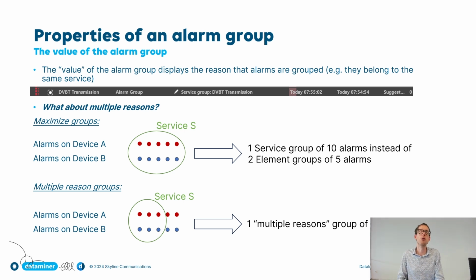Let's discuss a few cases. The first case I want to discuss is this one. We have two devices, A and B, and they both have 5 alarms. Here are 5 parameters of A that are in alarm, and here we have 5 alarms on B. Now we could create 2 element groups, one containing all the alarms on A, and another containing all the alarms on B. However, in this example, we also have a service, and this service contains all the 10 alarms.